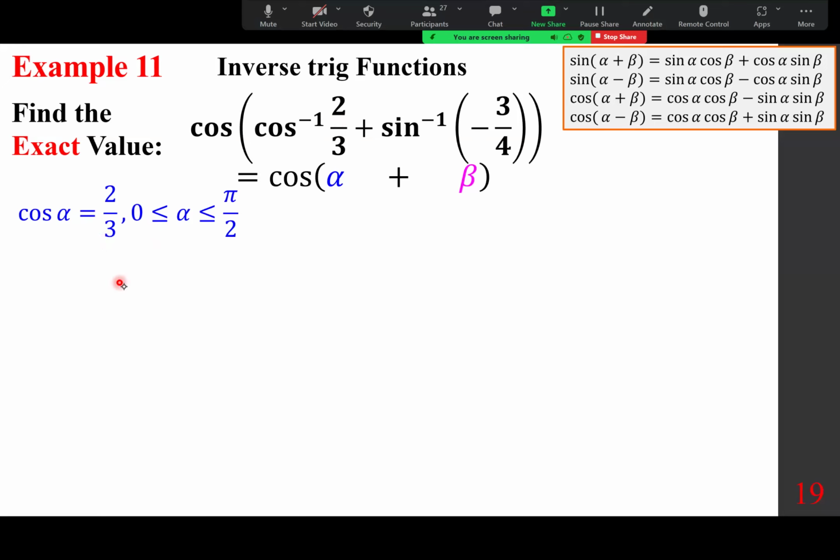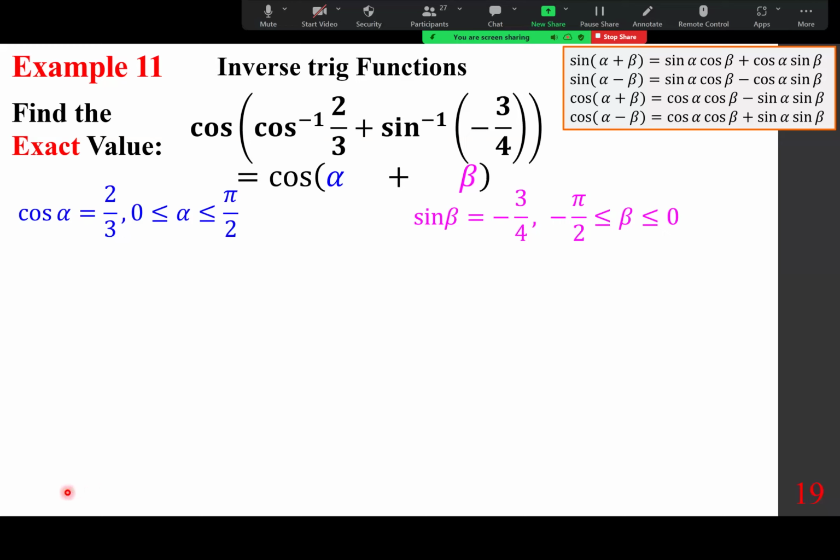Because it's positive, that puts us in the first quadrant. This one, inverse sine of negative 3/4 is beta. That means the sine of beta must be negative 3/4. And because of the restriction we put on inverse sine, from minus pi over 2 to pi over 2, in the fourth and first quadrant, because it's negative, it has to be in the fourth quadrant.